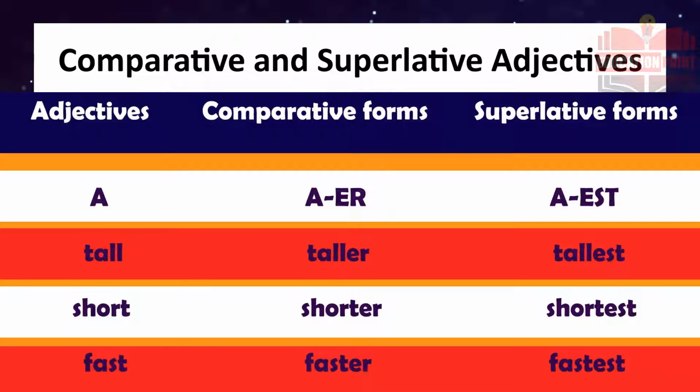Now, if you want to figure out the comparative form of tall, you just need to add an ER to it, which makes it taller. And for the superlative form, you will have to add an EST, which makes it tallest. Similarly for short, shorter, shortest. Fast, faster, fastest.